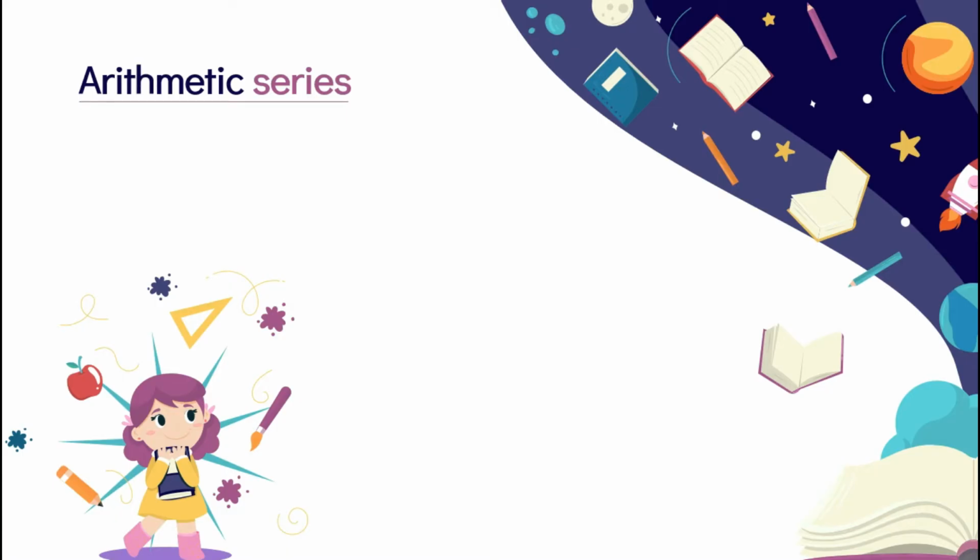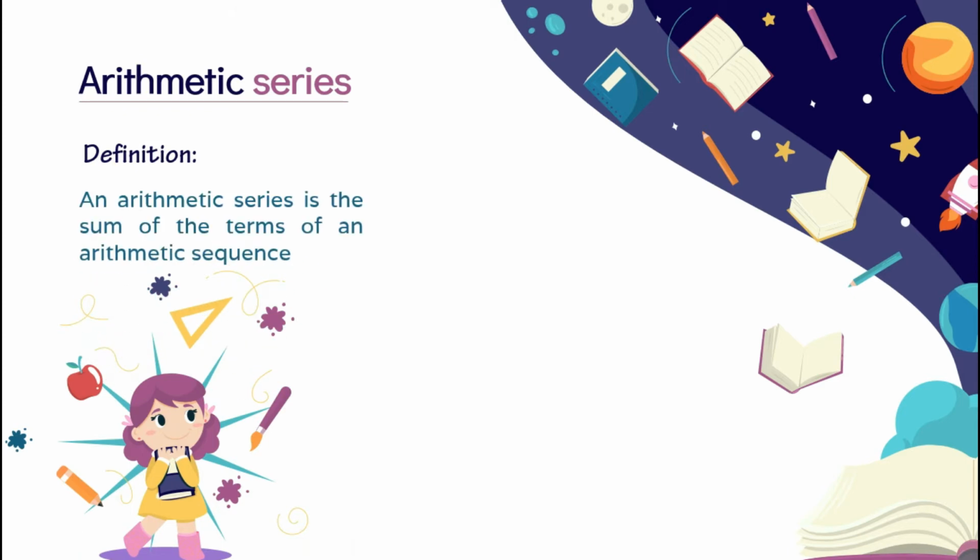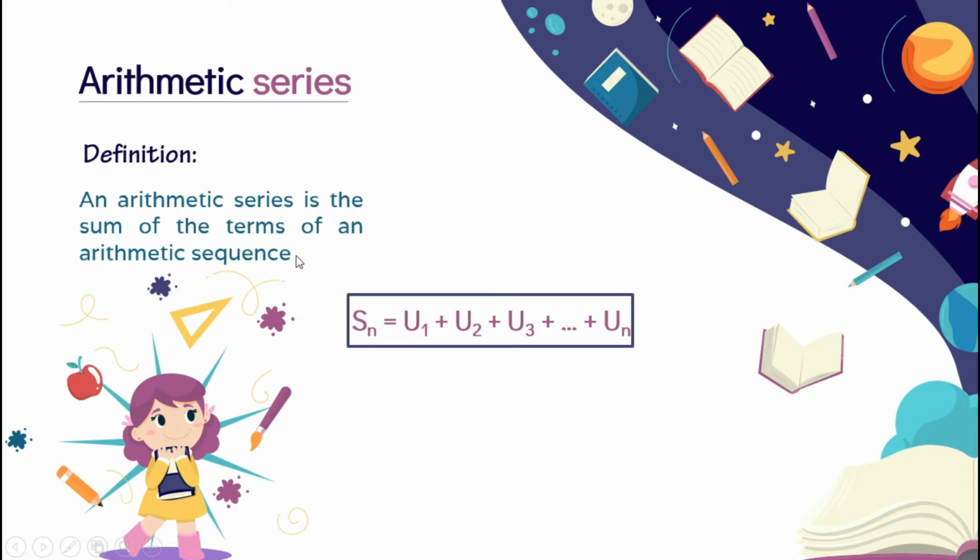Next, about arithmetic series. An arithmetic series is the sum of the terms of an arithmetic sequence. The sum of the first n terms of the arithmetic sequence can be calculated as Sn equals u1 plus u2 plus u3 plus and so on until plus un, or as Sn equals a plus a plus b plus a plus 2b plus and so on until plus a plus n minus 1 multiplied by b.